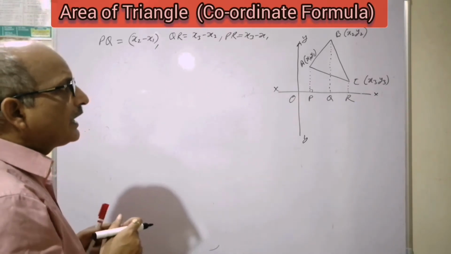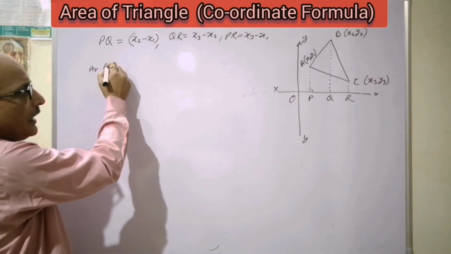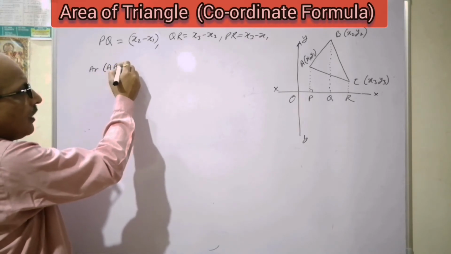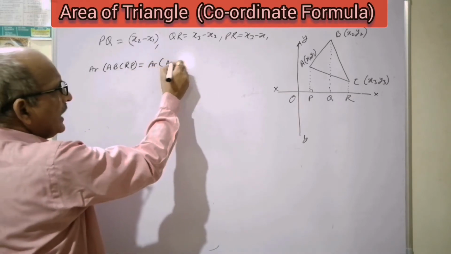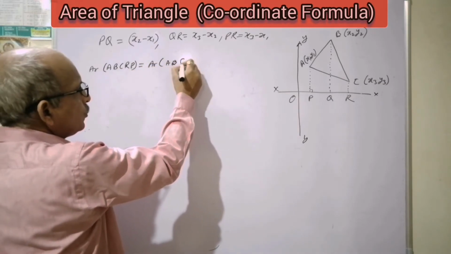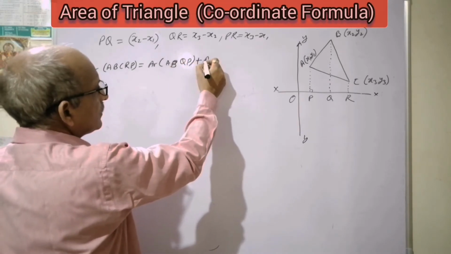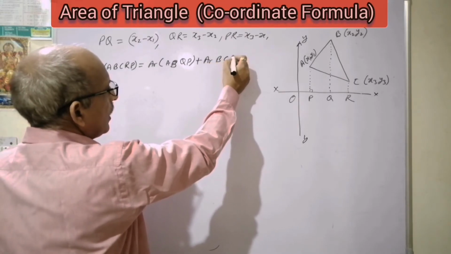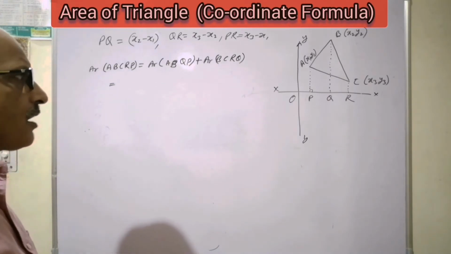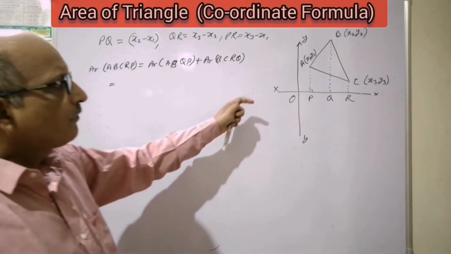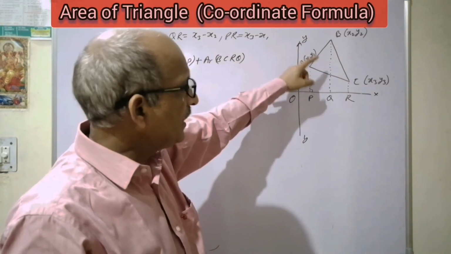So we can write area of ABCRP is equal to area of ABQP plus area of BCRQ. These are the two trapeziums. Now, what is the height of AP? That is one side of trapezium ABQP.